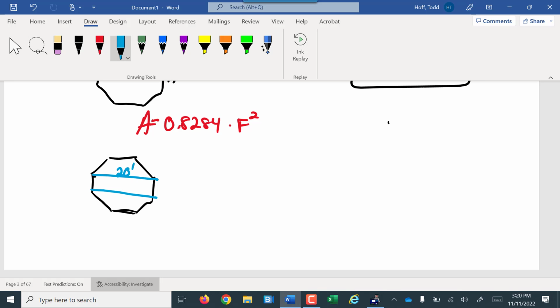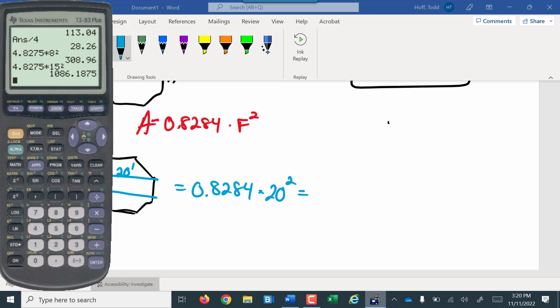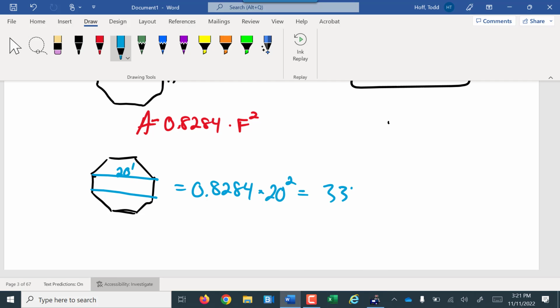That means their flat distance is 20. So the area will be 0.8284 times 20 squared, giving us 331.36 square feet.